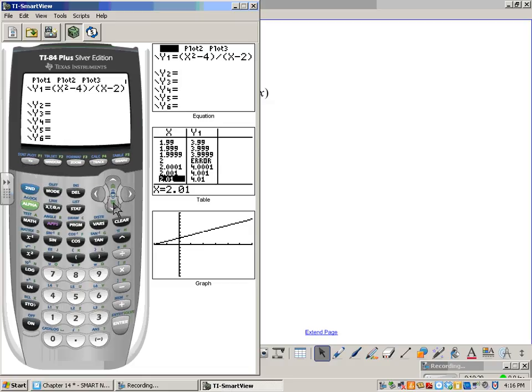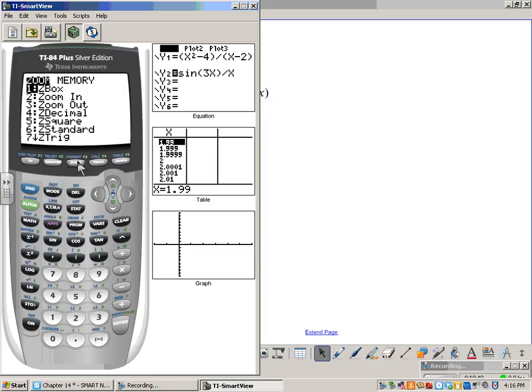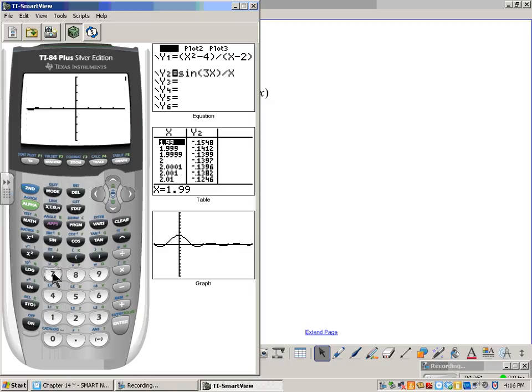Just leave that first one in. And this time we have the sine of 3x over x. And to get started here, I'm just going to do a zoom trig, which is number 7, and take a look at what I have.